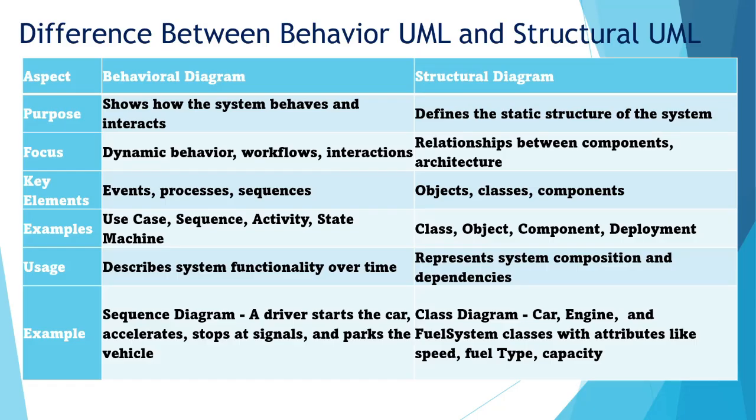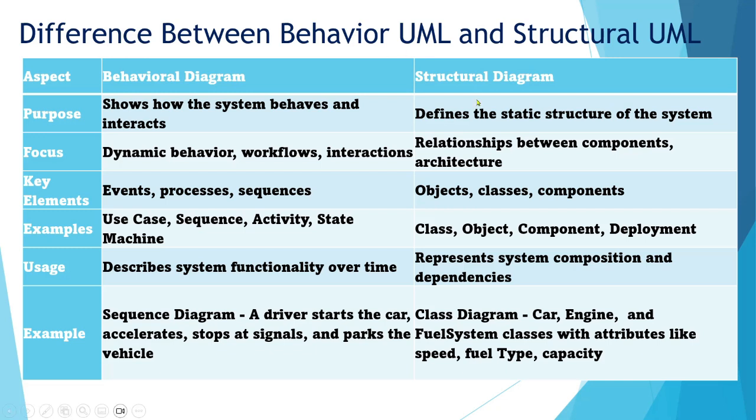Now let's differentiate between behavior UML and structural UML. Okay, now see what is the purpose of the behavioral diagram. As we have seen, it shows the dynamic behavior, means it shows how the system behaves and how the components interact with each other. Okay.